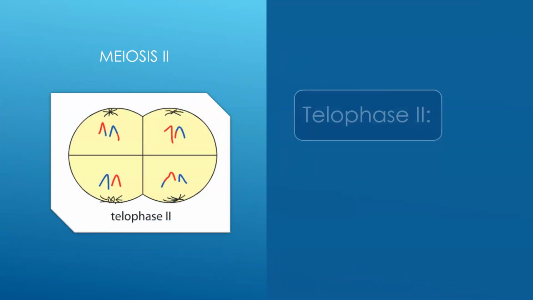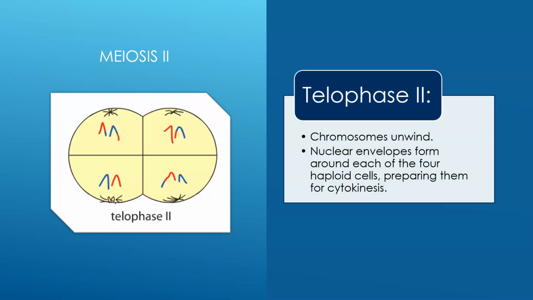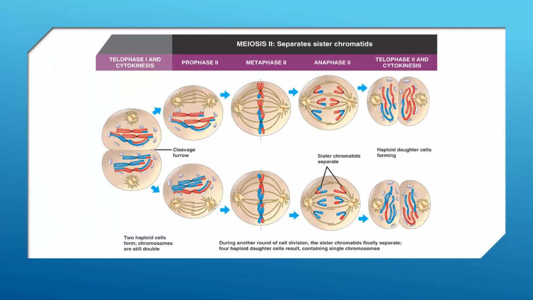Okay, so here we are now in our telophase 2. Chromosomes unwind, nuclear envelopes form around each of the 4 haploid cells, preparing them for cytokinesis. And there we have meiosis 2. Okay, so remembering you need to be able to draw the full process of meiosis.